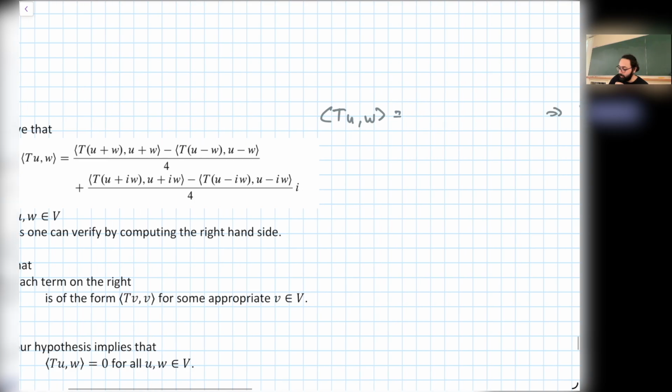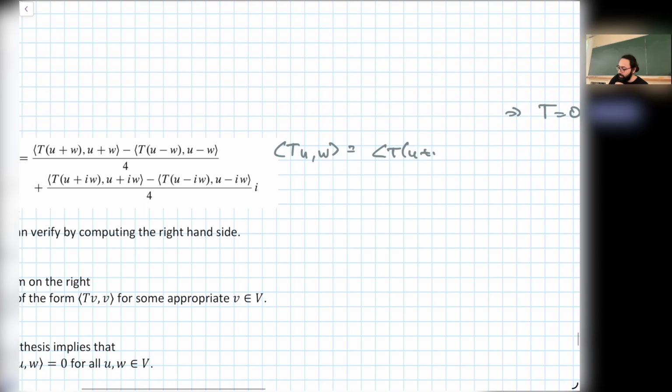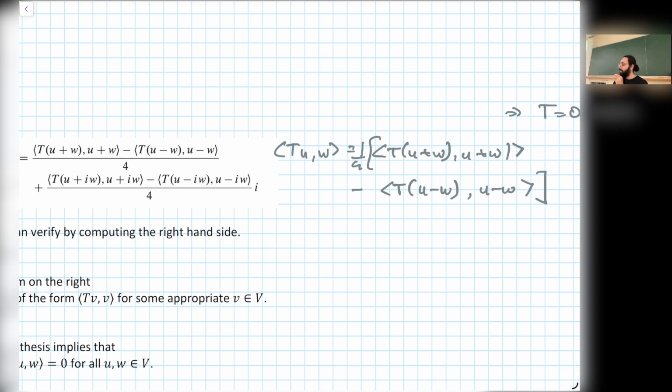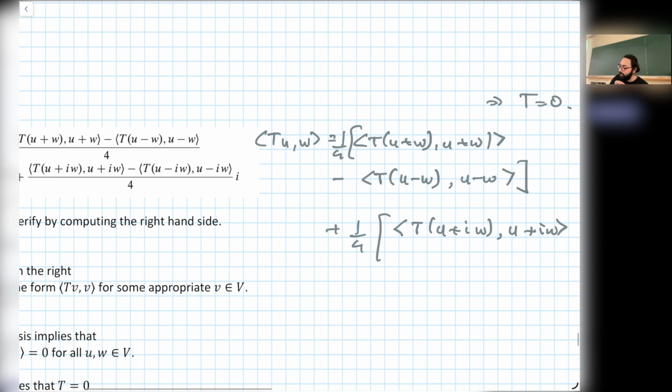It shows that one can write the inner product <Tu, w> as follows: a quarter of <T(u+w), u+w> minus <T(u-w), u-w>, and then plus, again with the normalization of a quarter, <T(u+iw), u+iw> minus <T(u-iw), u-iw>.